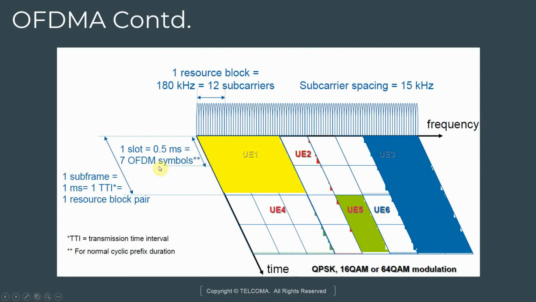And you can have UEs sharing this time and frequency space. In this case, we have 6 UEs sharing, where each UE is allocated a chunk of spectrum for a given amount of time, and within this chunk, they can use any one of these modulation techniques, and the choice of the modulation technique depends on the RF environment.